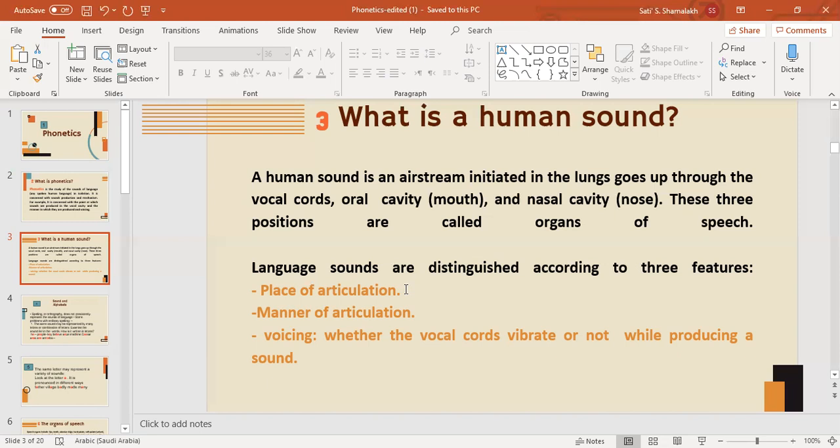Okay. I can say it and you listen. So all of these things, you will learn them in details and you will understand more. Just now, I'm trying to give you an idea about what is phonetics.